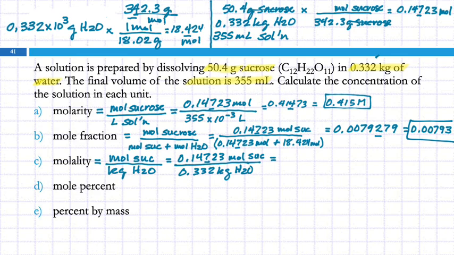So 0.14723 divided by 0.332 is 0.44346, so 0.443, and the unit there is moles per kilogram, or that funny little m, molal.